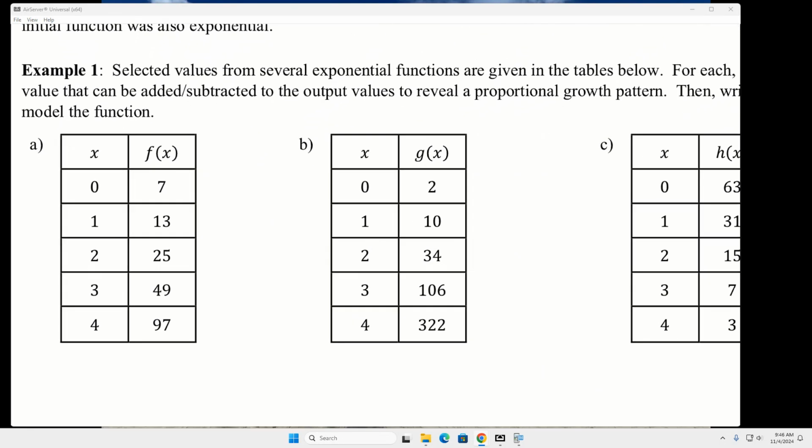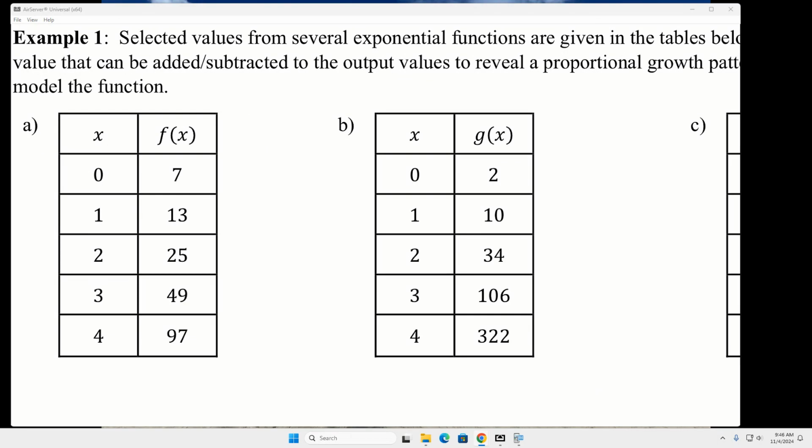So on example 1, when you look at these output values originally, it doesn't look like you're multiplying or dividing by the same thing each time. So what we're going to do is add or subtract a number, a relatively small number, until you can see that proportional growth or decay in your output.